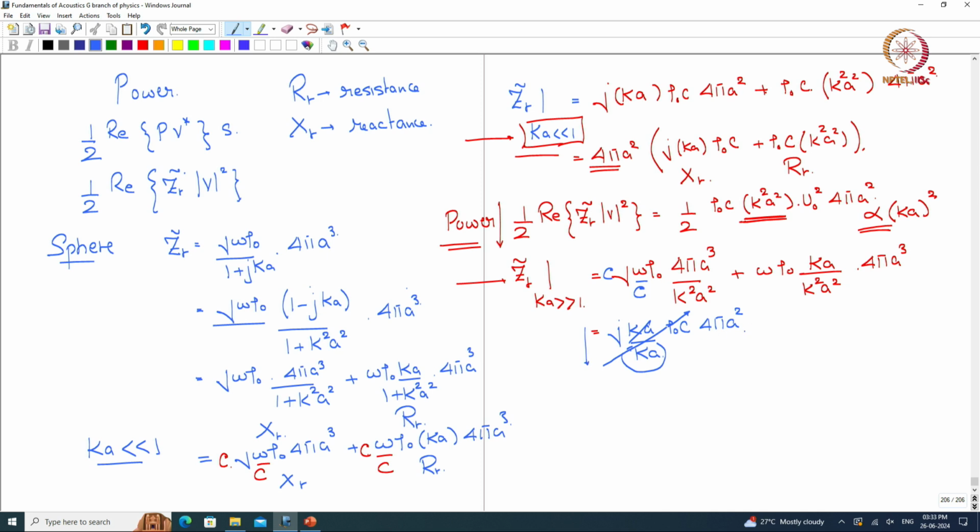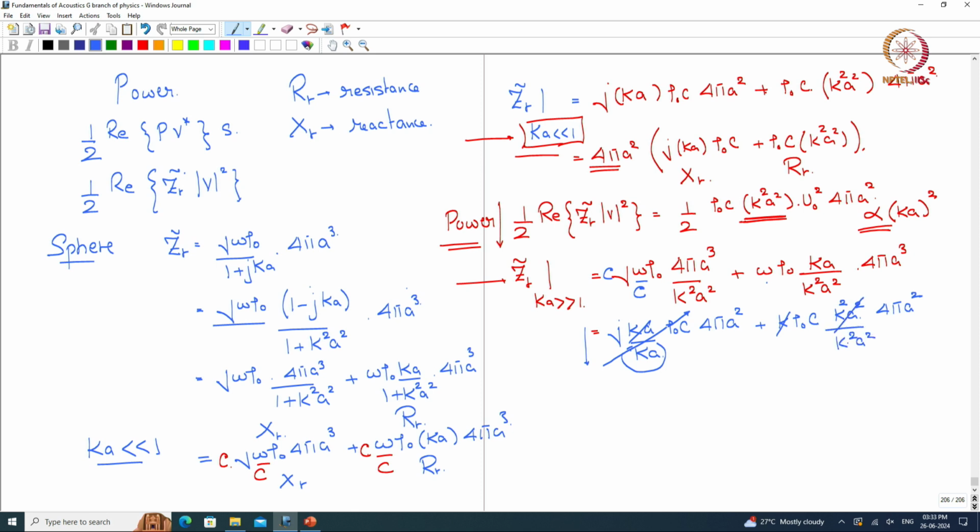Now what about the other side? The other side is I have plus, divide by c multiply by c, so I get K rho 0 c, then I have Ka over here, and I have 4 pi a cube over here. So I take an a square, bring this here, divide by K square a square.